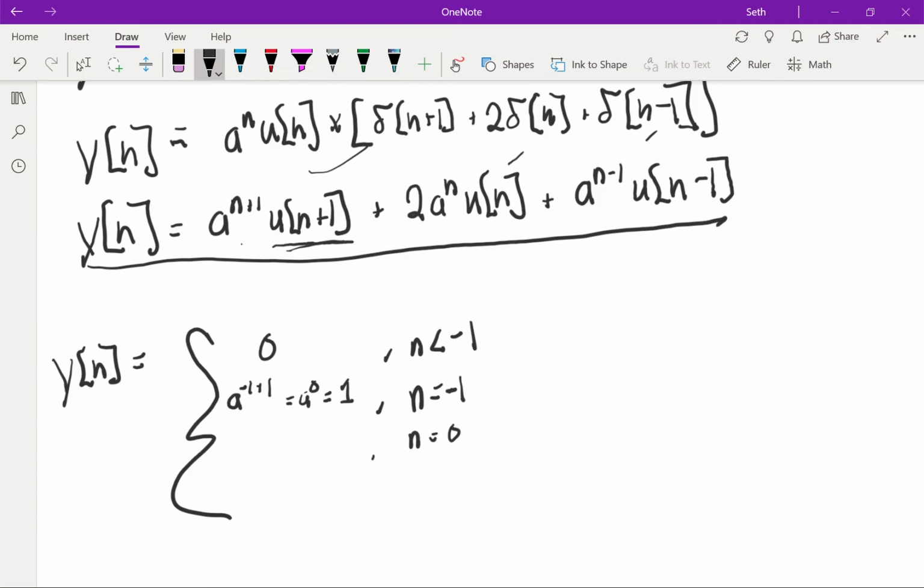Okay, so I'm going to write it off to the side here, we get a to the 0 plus 1 plus 2 times a to the 0. So that's equal to a plus 2. So we get a plus 2 here.